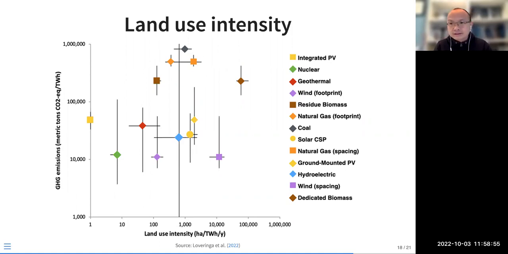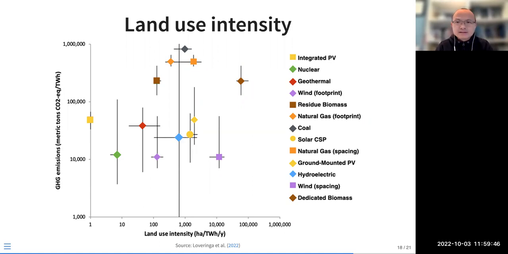If these two are our focus, then we can plot their impact by technology. As you can see here, land use is different. Comparing the different sources, you can see here biomass takes land more, probably highest, because you need to grow the vegetation or material that you can use in the biomass plants.